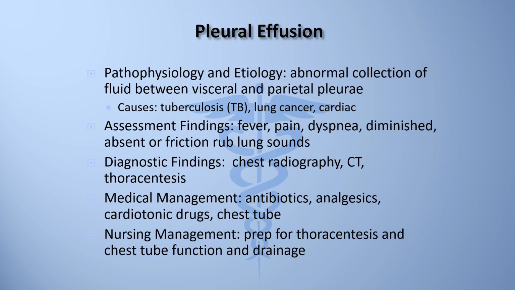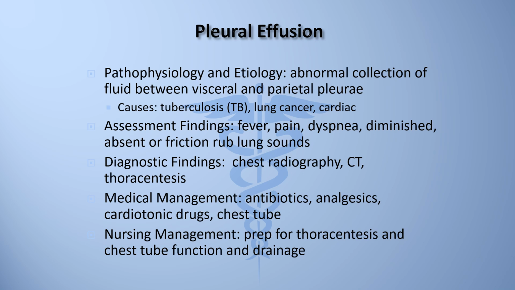Medical management: we're going to give antibiotics if there's any bacterial infection causing this. We're going to give the cardiotonic drugs, which means if there is a congestive heart failure issue, we're going to make sure we're trying to control that. Patients can also receive a chest tube.